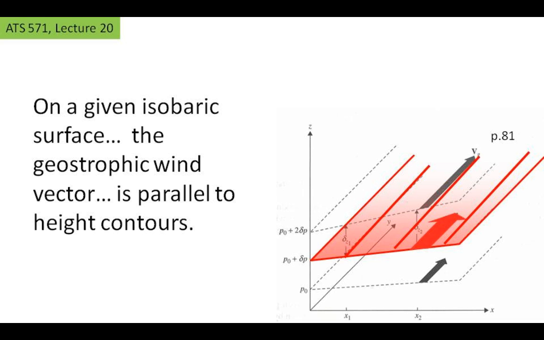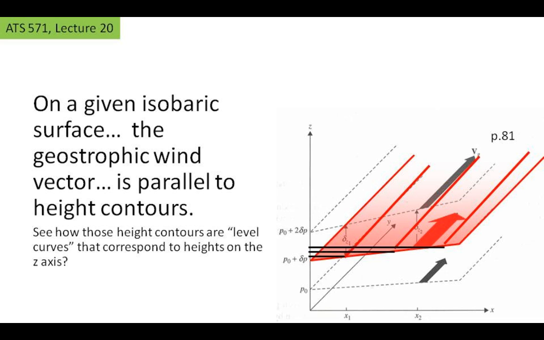And how we would come up with that direction for the geostrophic wind would have to do with the orientation of the height contours, which I have drawn in there as those red lines. The geostrophic wind will be parallel to them, and the magnitude of the geostrophic wind will have to do with how far apart those height contours are.